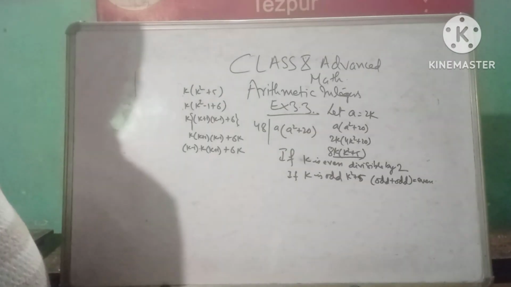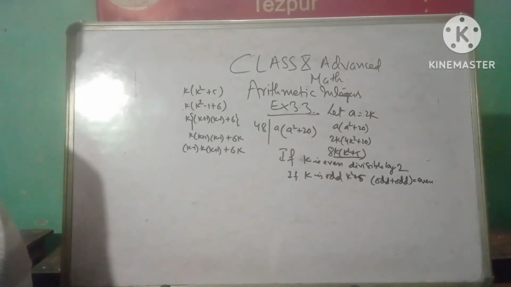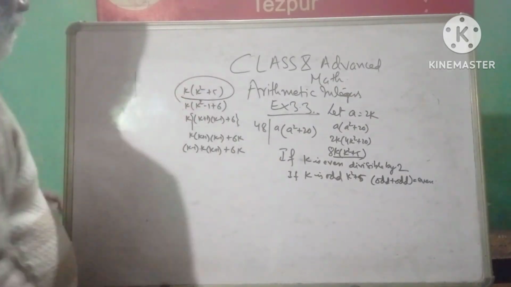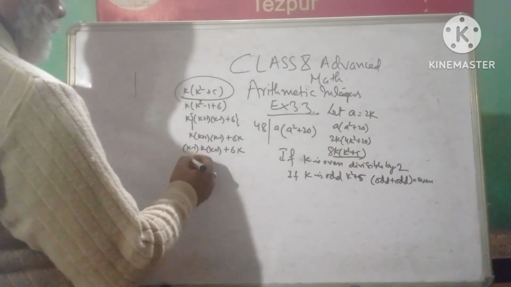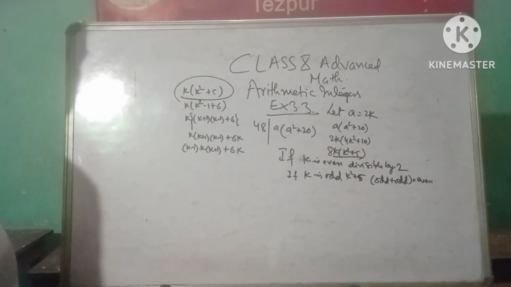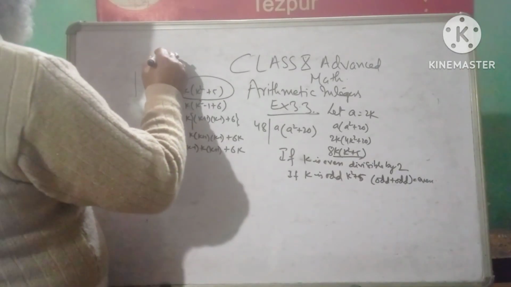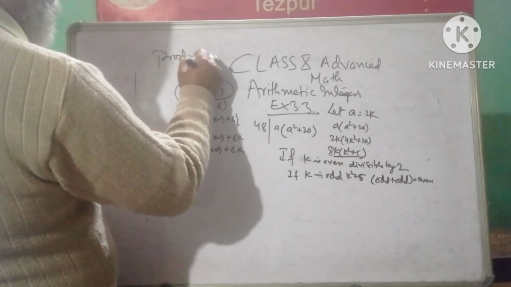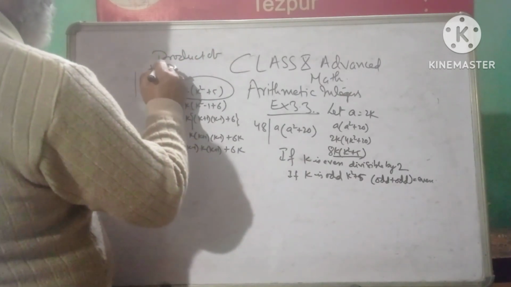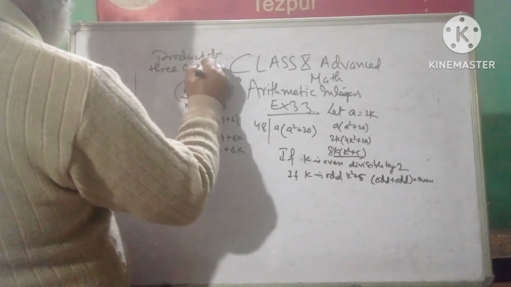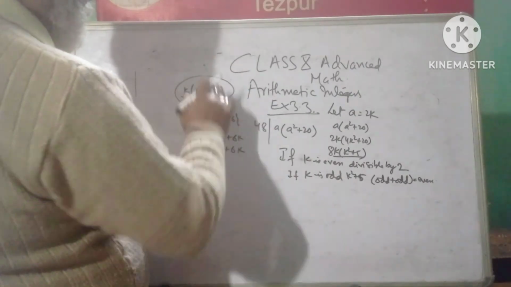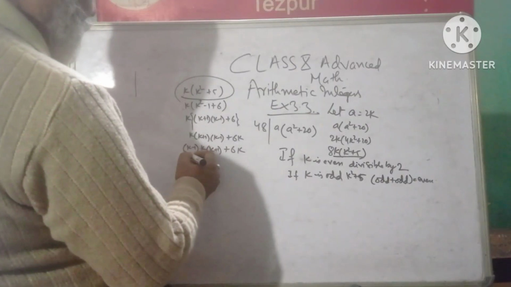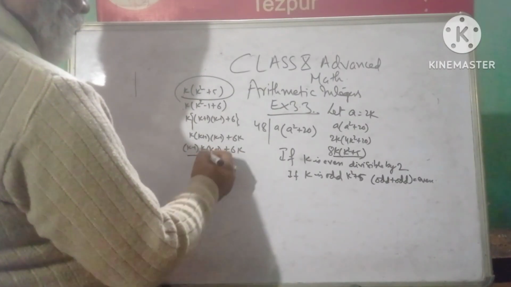So what we got here, you must remember that product of three consecutive numbers is divisible by 3.